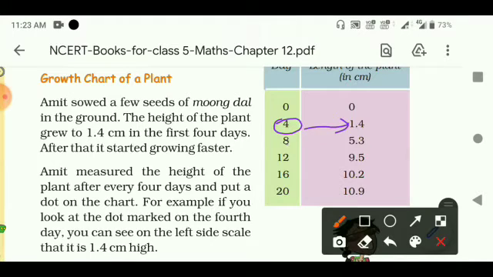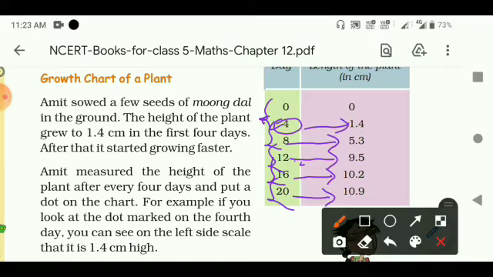Then from 4 to 8 days 5.3 centimeter. Then from 8 to 12 days 9.5 centimeter. And from 12 to 16 days 10.2 centimeter. And from 16 to 20, 10.9 centimeter. In this way, after every 4 days, he put a dot on the chart. So we can say that he has marked the dots correctly.